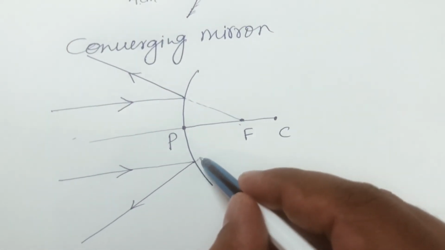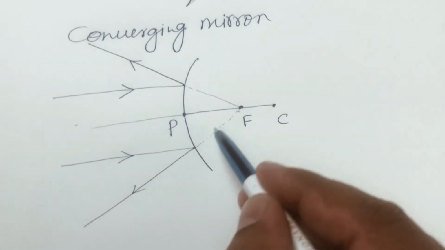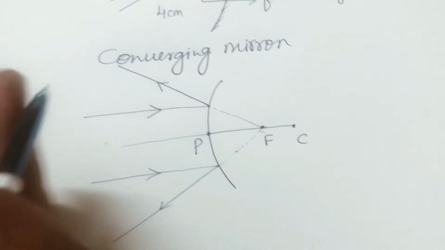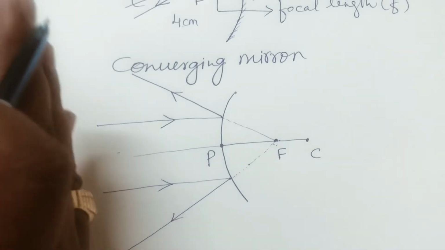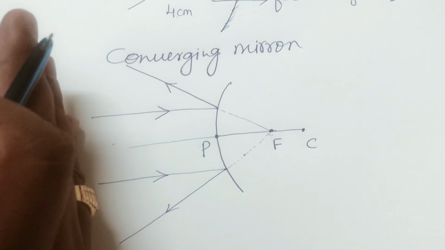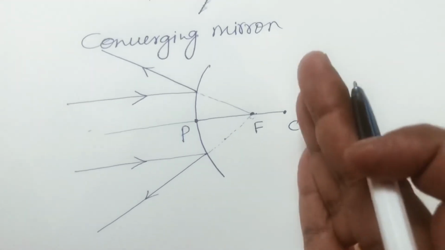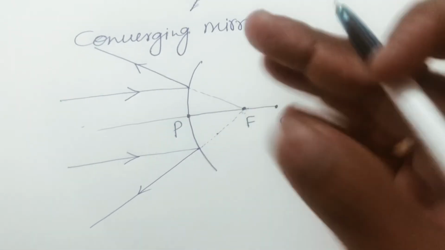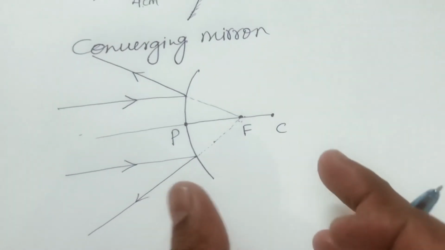But if you look from the other side and observe the light ray, it looks like it is originated from this point. Light is coming from this side. We already know that light will always come from the left side of the mirror. But to the observer standing on this side, it looks like all the light rays originate from this point and are getting deviated from it. Remember that.